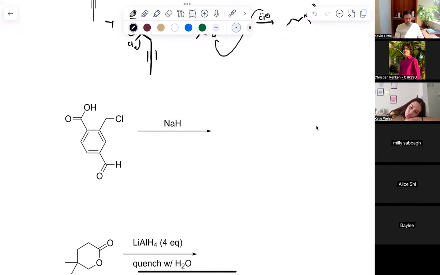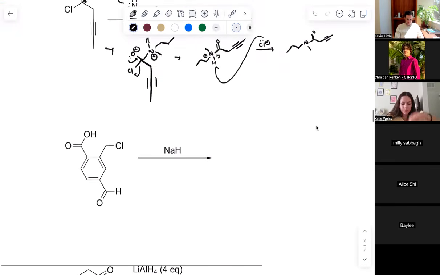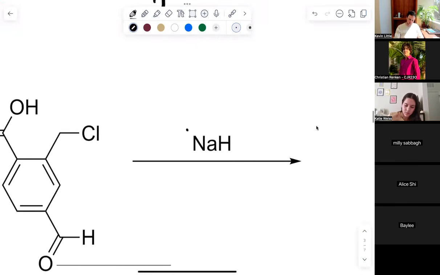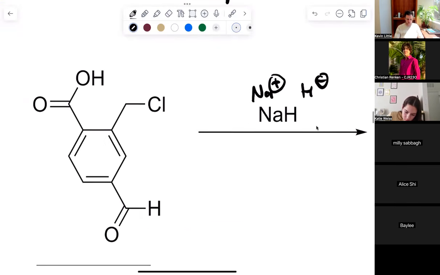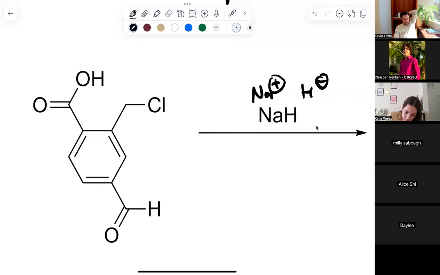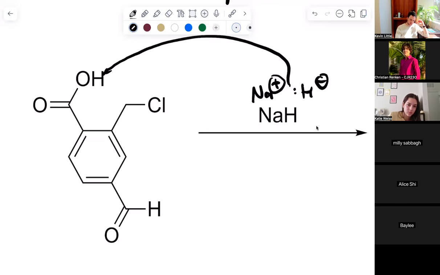So sodium hydride, we know that is a non-nucleophilic base. It will never add into a carbon, so that's off the table. I see something that potentially looks like three electrophiles, but I do see a carboxylic acid which in basic conditions can be deprotonated.